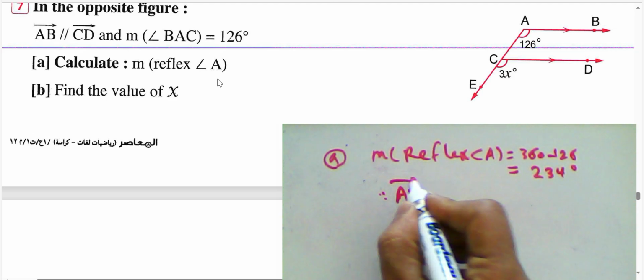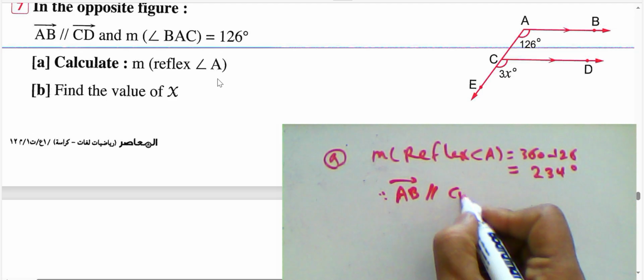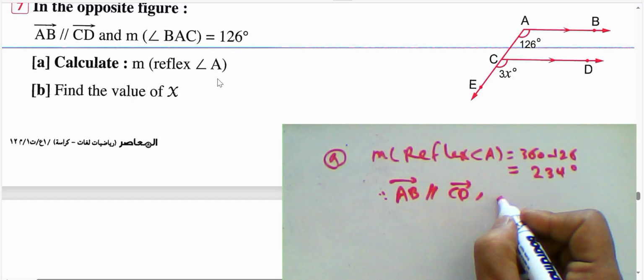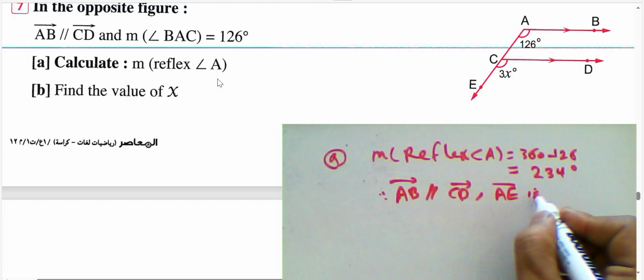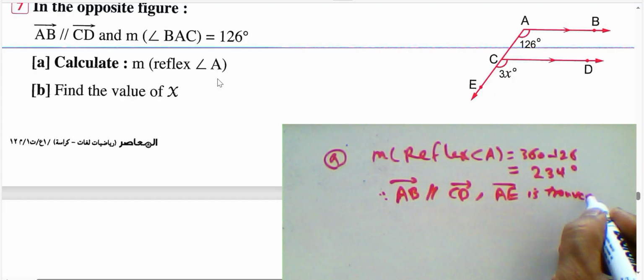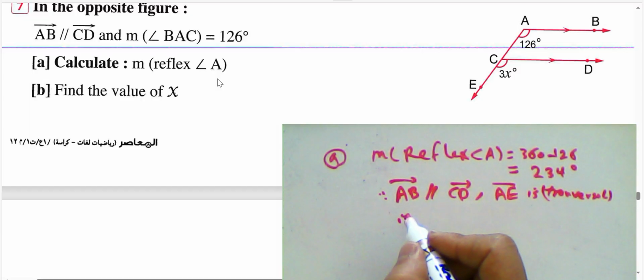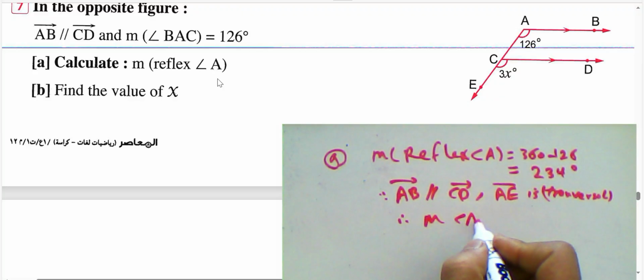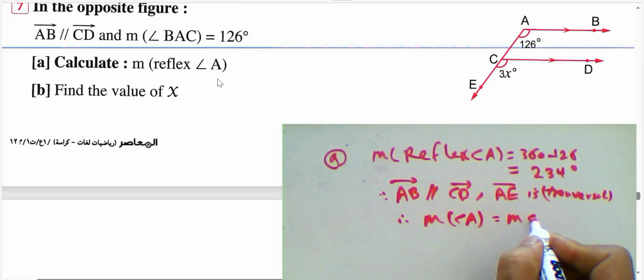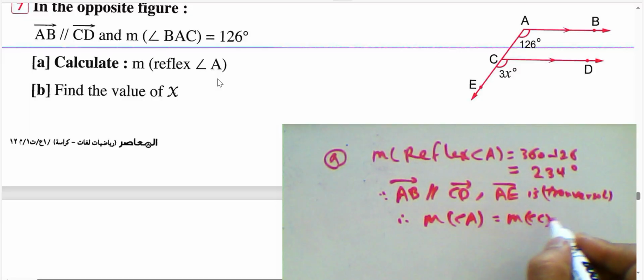Such that straight line AB is parallel to CD and AE is a transversal of them. Then measure of angle A equal measure of angle C, corresponding angles. Measure of angle A equal measure of angle C equal 126.